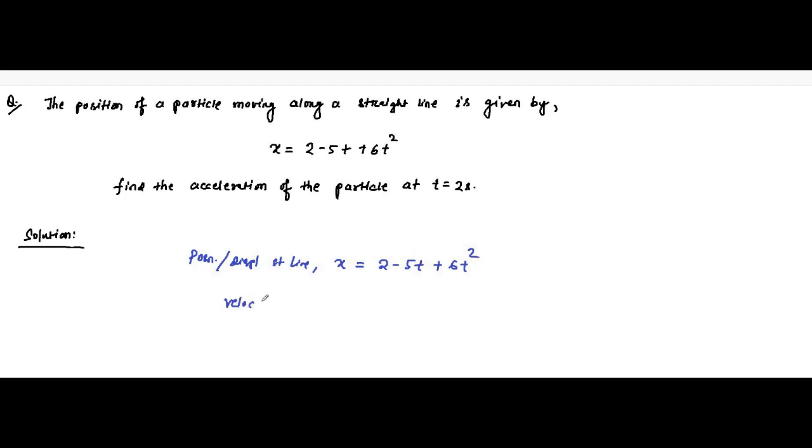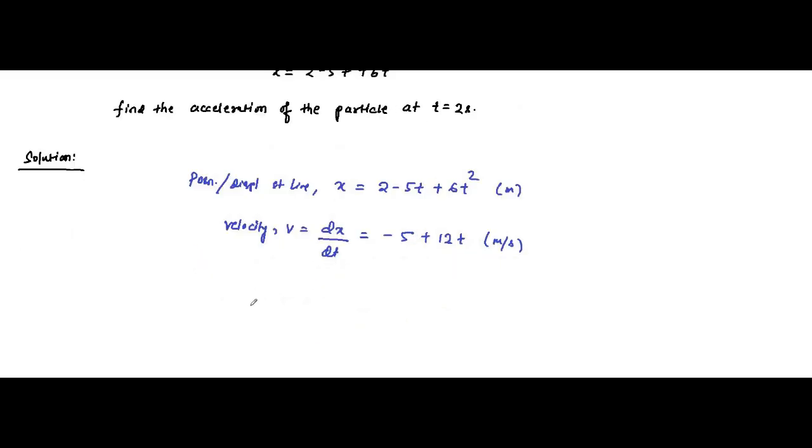Instantaneous velocity will be given by the rate of change of displacement, the derivative of displacement with respect to time, which is equal to minus 5 plus 12t. Okay, this is in meters, this will be in meters per second, minus 5 plus 12t.